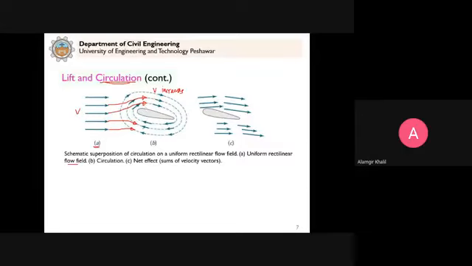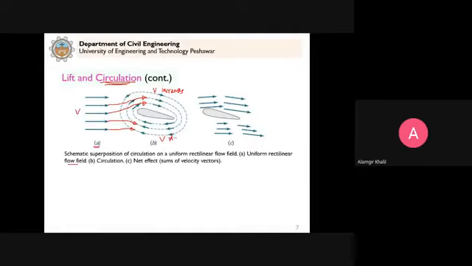And at the bottom you can see here that the approach velocity of the fluid is opposite to the vectors of circulation around this body. So definitely at the lower surface of this object, V will decrease, because these are opposite directions.